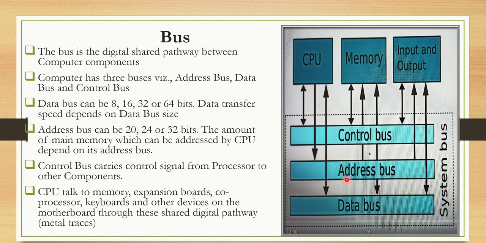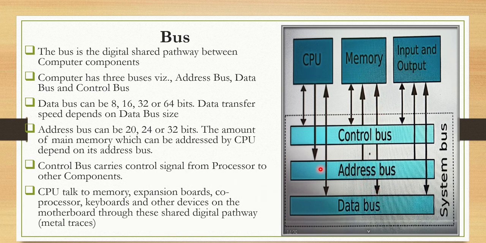Now, we have mentioned that we have three types of buses. One is the address bus. The address bus, as you can see from here, is unidirectional. It means the CPU gives the address. Suppose you need some data from memory, the CPU gives the address on the address bus, and it goes to the memory or any IO controller. The data is collected from the memory and given back on the data bus.